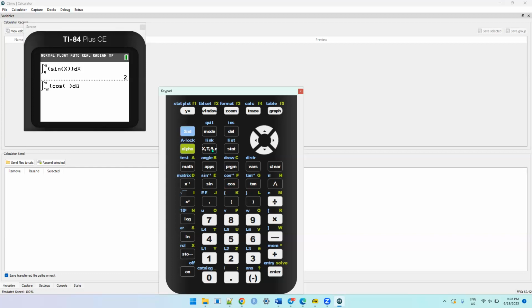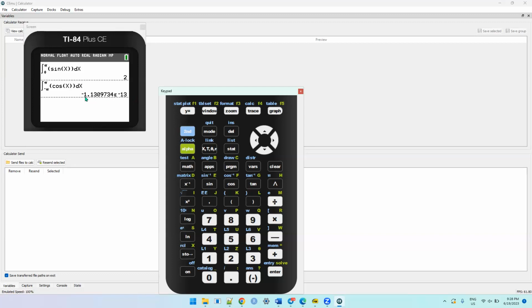Press the variable button here, beside the alpha. Close the bracket, then press the right button and press the variable again. Enter.